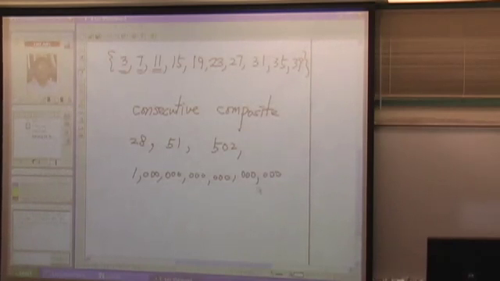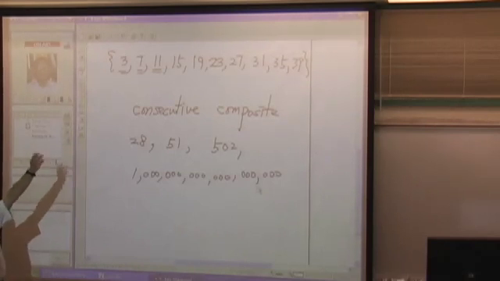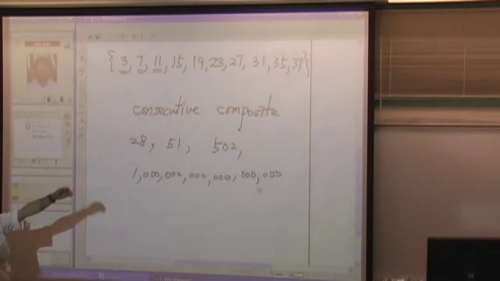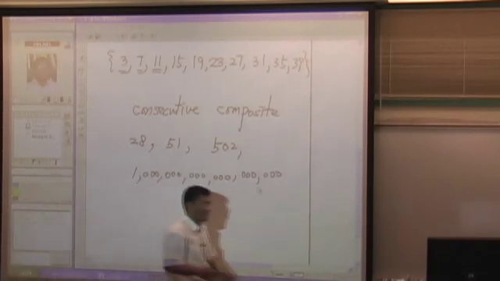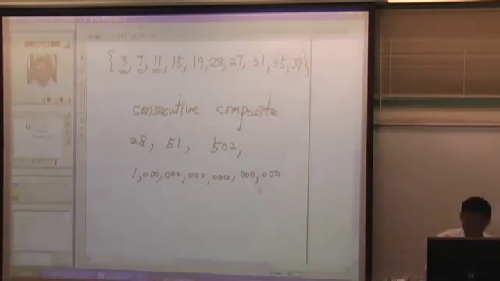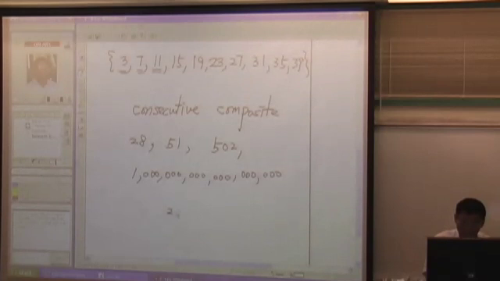So prime numbers are tough to really find, right? Consecutive primes are difficult to find, but consecutive composites are easily found. For instance, 24, 25, 26, 27, 28.